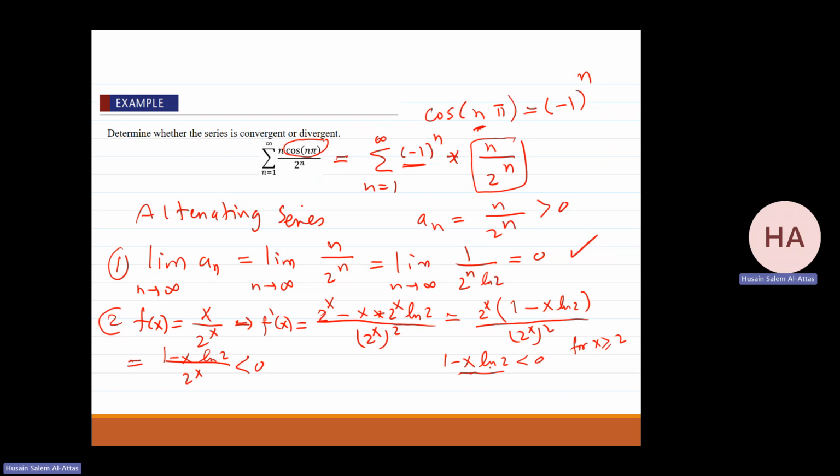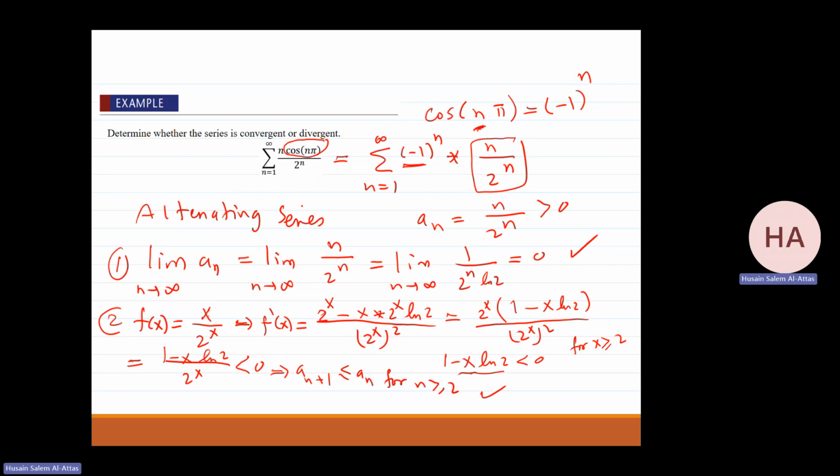That will be 2 ln 2, which is more than 1, and so on. So that will be negative. So it means a(n+1) is less than an for n greater than or equal to 2, and that's what I need. So the second condition is satisfied.